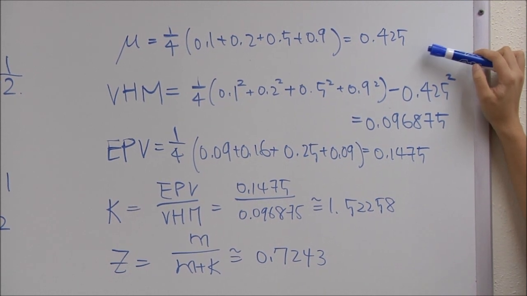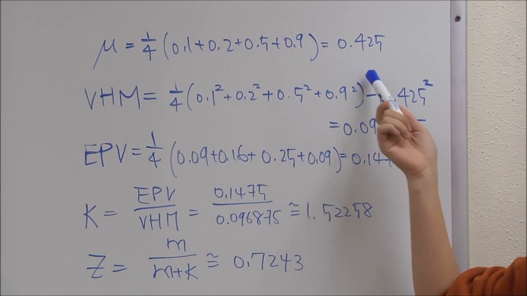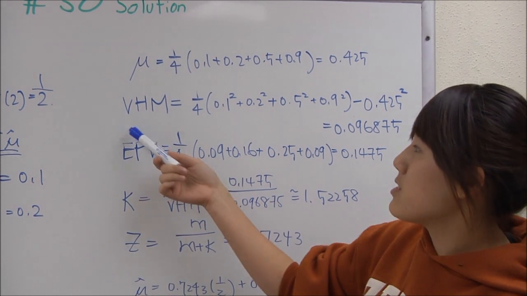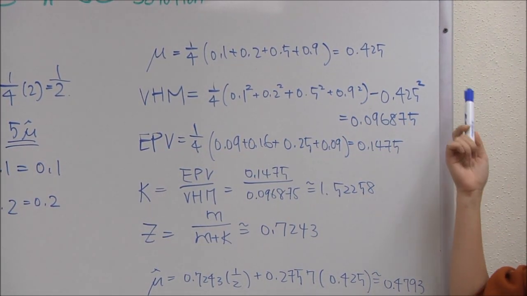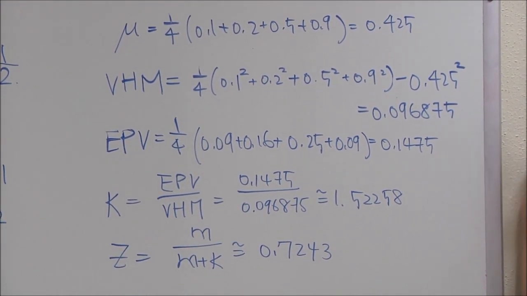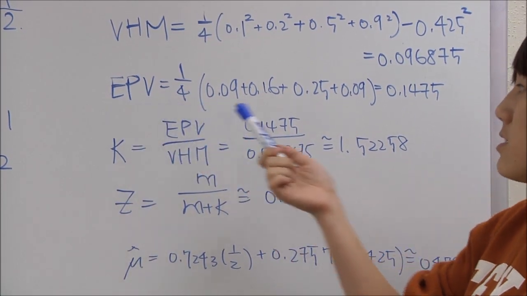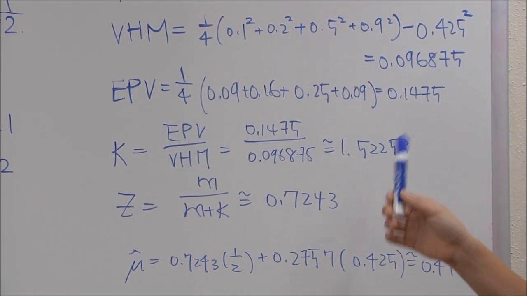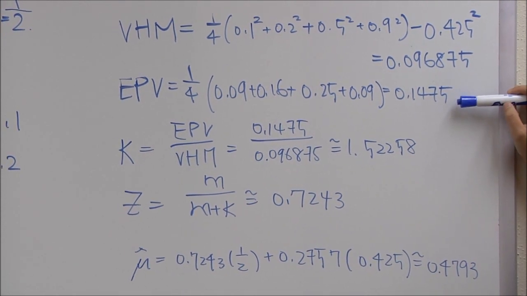which is the mean of the entire population, the weighted average of every class, and you'll get 0.425. And the variance of the hypothetical means, the weighted average of the mu squared minus the mean squared, you'll get 0.096875. And then the expected process variance is the weighted average of the sigma square, the variance right there, and it will just be 0.1475.